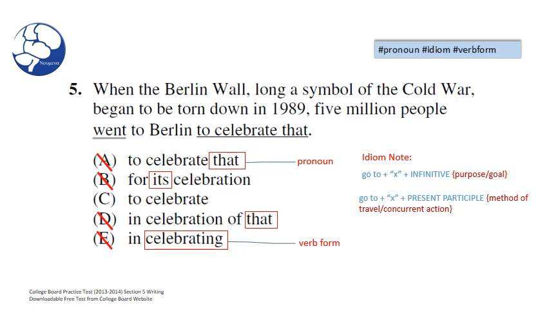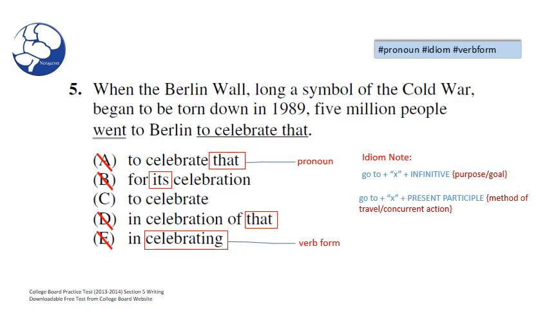But we could do better than use a gerund here. We could use the actual noun form, celebration. That would fit much better in the sentence. However, the College Board threw in the gerund celebrating, just trying to throw you off. But clearly, in celebration would be better than celebrating. Don't you agree? Yeah, now that I look at it, I do agree. I think celebration is much better than celebrating.